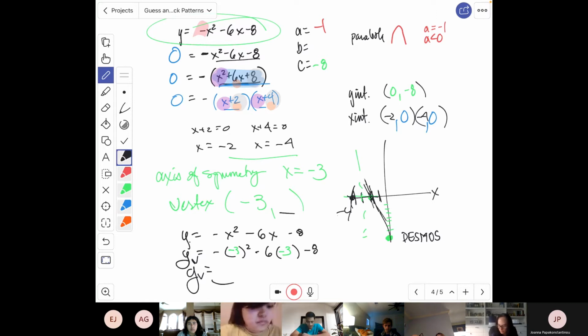Graph it on Desmos and see if your graph works. Nathan, is this helping with the graphing? Yes? It's a nice procedure that you go through for graphing a quadratic function. Actually, I don't want to give that away yet.